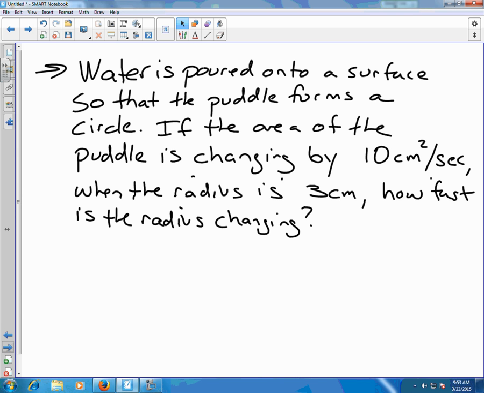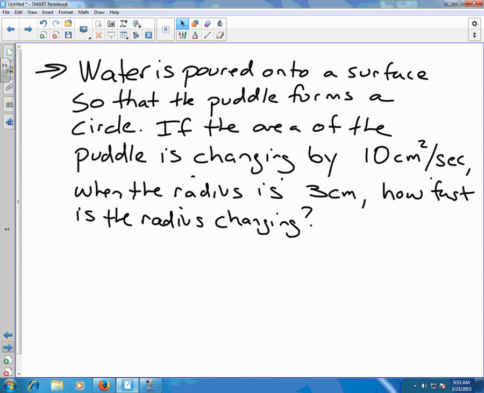So water's poured onto a surface, so that a puddle forms into a circle, right? So you're just dumping something out, and the liquid is making a circle. Okay, that's not too unbelievable. The chances of making a perfect circle, slim, but you can imagine that it's an ideal case.